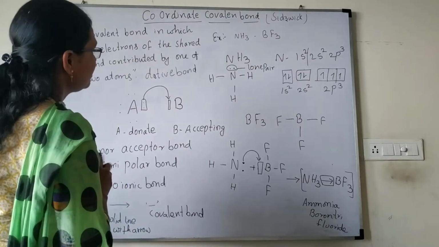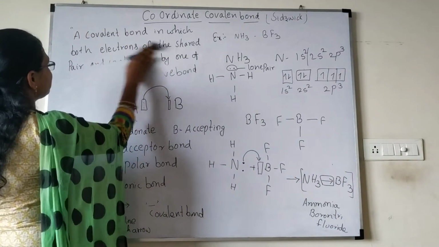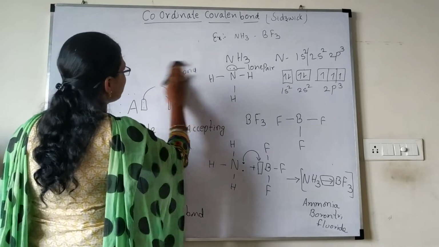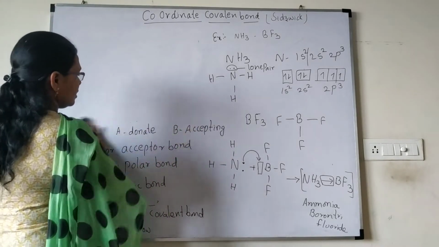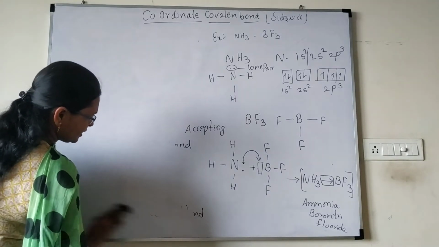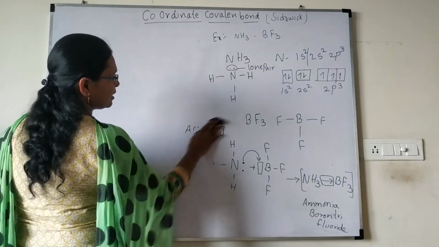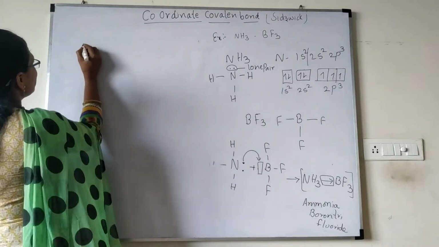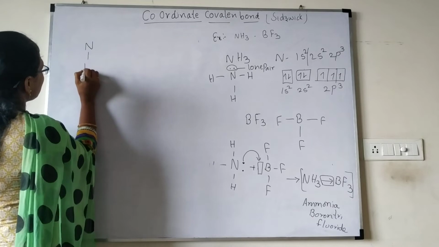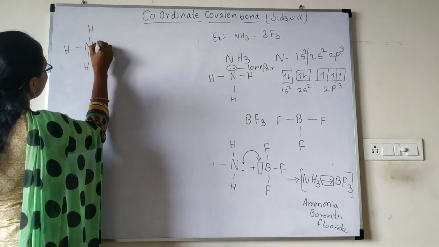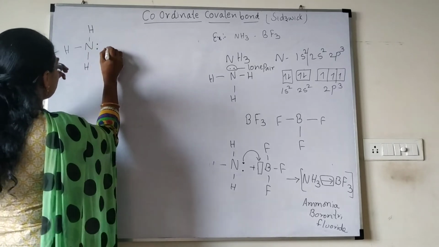Another example, when you are coming to the second example, I will show you with the ammonium ion. You take the ammonium ion, usually what we will say here, NH4 plus, right? So the same usual ammonia structure you take here, okay, and one lone pair of electrons here, and an H plus ion.